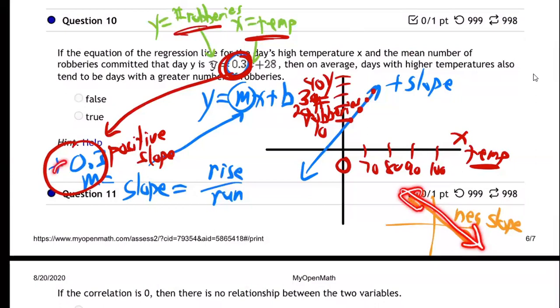If we did have negative 0.3, you'd go down to the right, meaning as temperatures go up, number of robberies go down. But in our case, as temperatures go up, so do robberies. Is that what they're saying? Days with higher temperatures also tend to be days with greater number of robberies. Yes, that's exactly what this equation would be telling us.